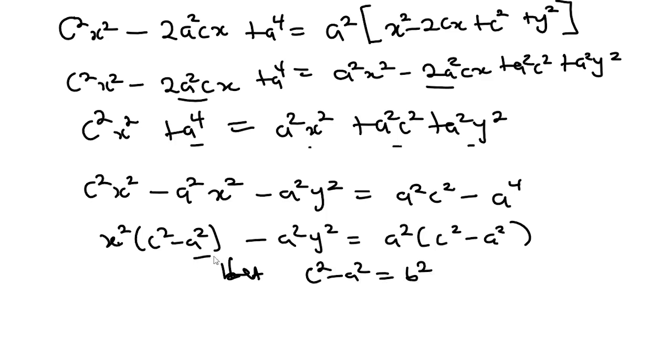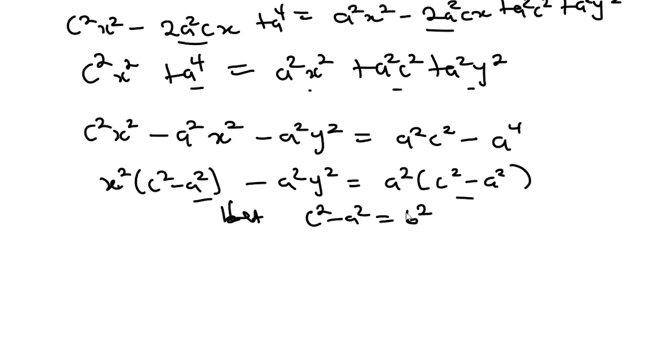So I'm going to replace this and this with b squared. So let's see what happens. So we are going to get x squared b squared minus a squared y squared being equal to a squared b squared. Now let's divide by a squared b squared.